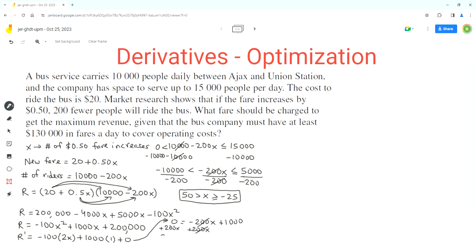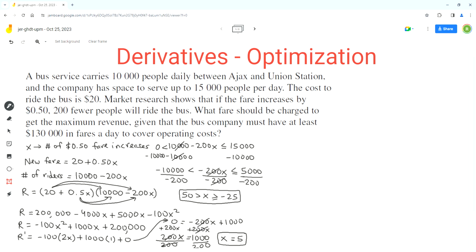So we get 200x equals 1000, and now we should divide both sides by 200. So the 200s on the left side will cancel each other out, and we get x equals 5. Now this x value is in the domain we just found for x, so that means this is a valid value for x.